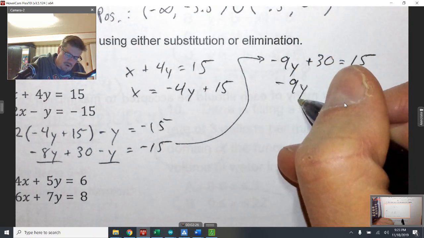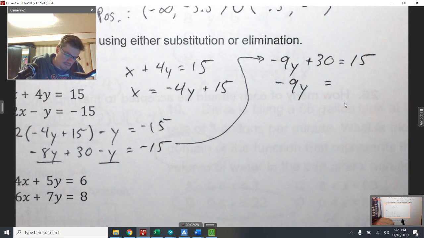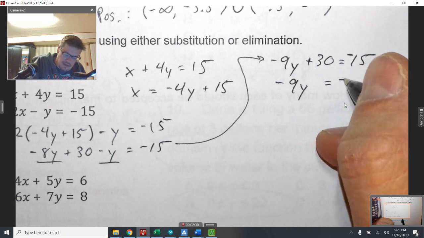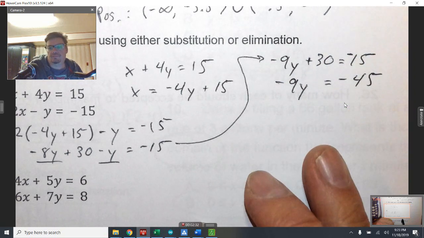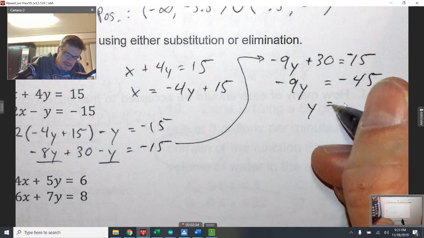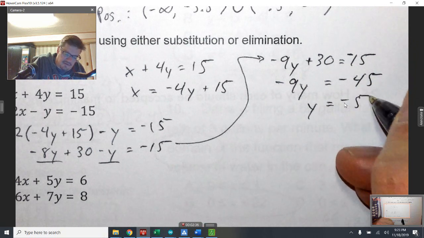So negative 9y will become negative 45. I'll divide by negative 9 to get y equals negative 5.